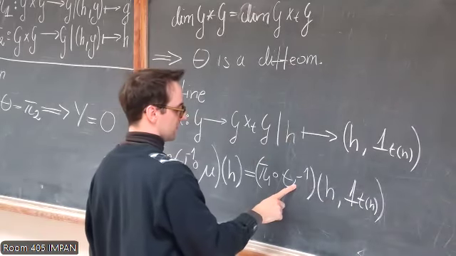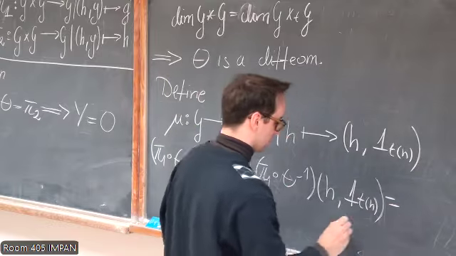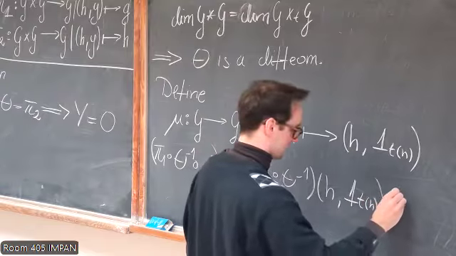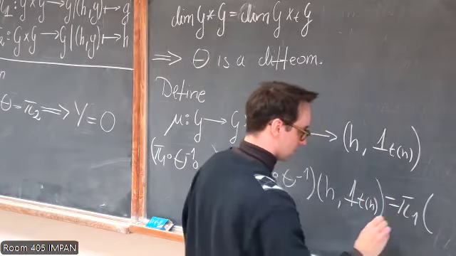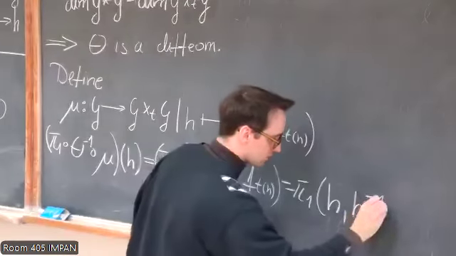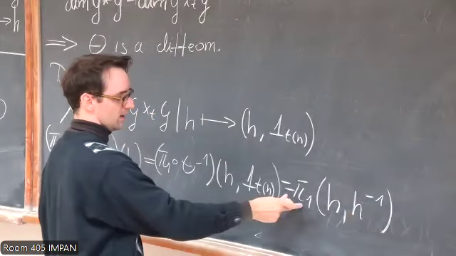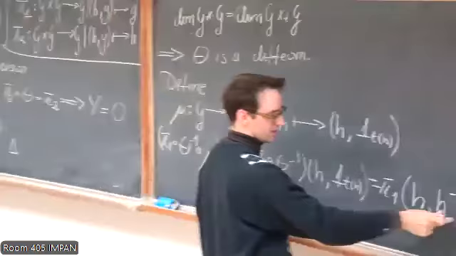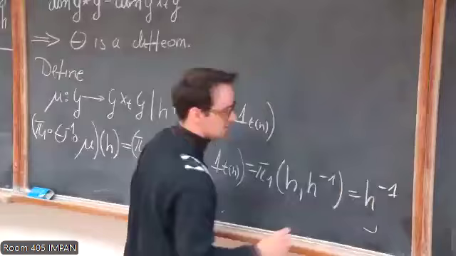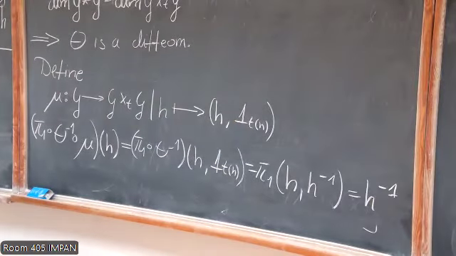So this is (h, h minus 1), and the projection on the first factor with respect to the composition is h minus 1.